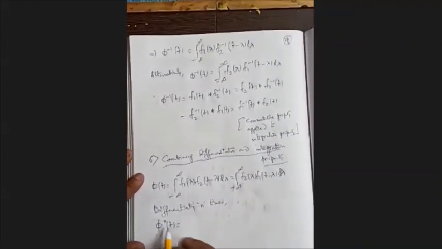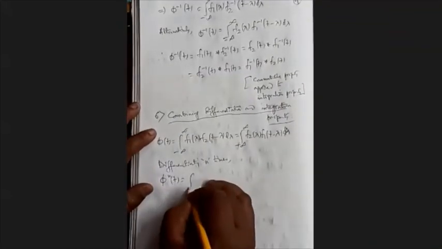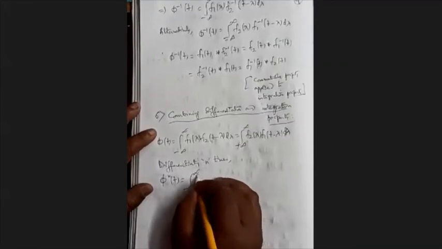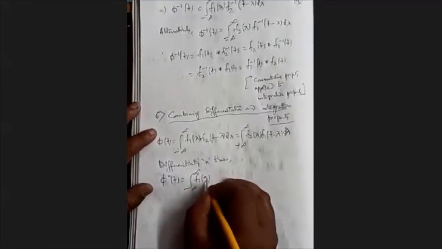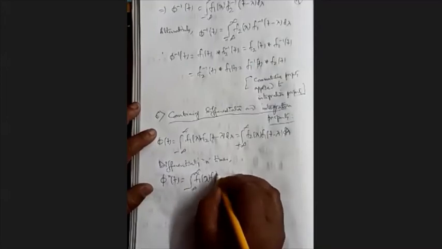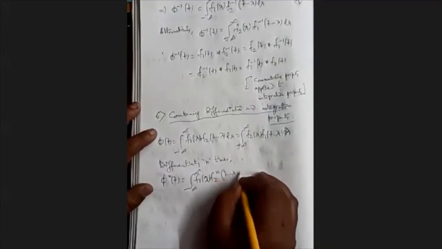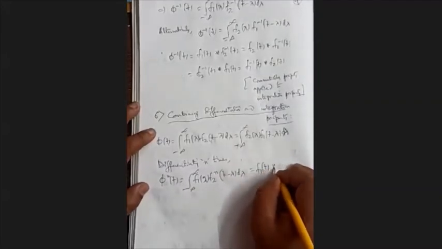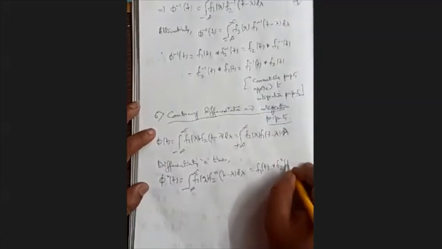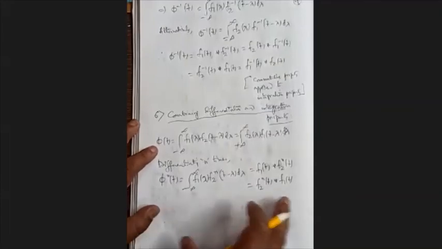Please note, this is not the power. Phi n of t, the order of the derivative. So it is the integral of f1 lambda f2 n t minus lambda d lambda, or we can write f1 t star f2 n t, or we can apply the commutative property: f2 n t star f1 t.